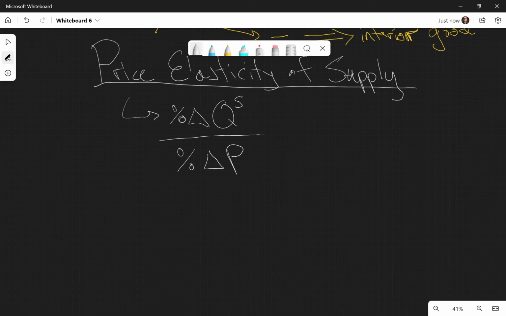And in the same way as demand, we've got two formulas for this. We've got this formula, and then we also have our P over QS, just so that we remember, times 1 over slope.